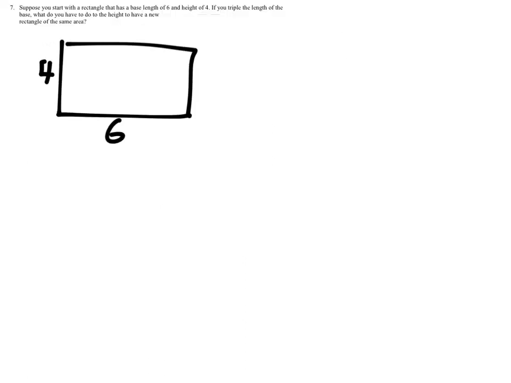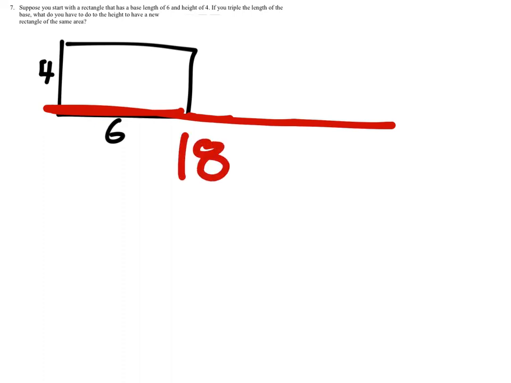That means that the new shape would have 6, 12, 18. So the whole shape has a base now of 18, tripled from 6. But the old area was 4 times 6, which is 24. So how do we maintain an area of 24 after we've tripled the base?